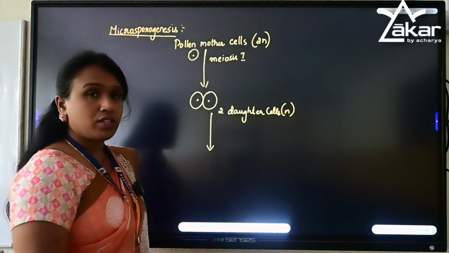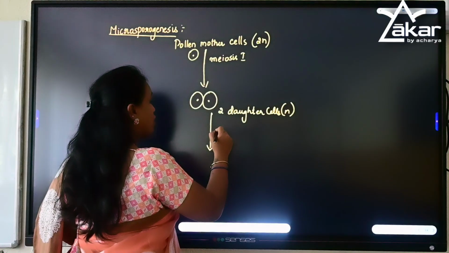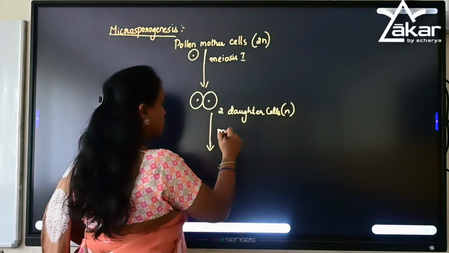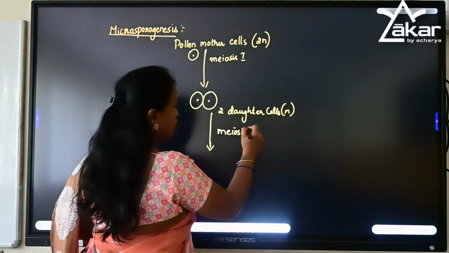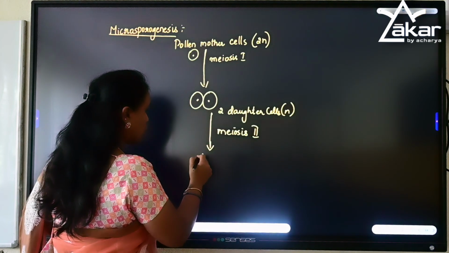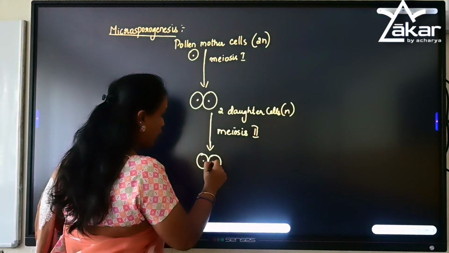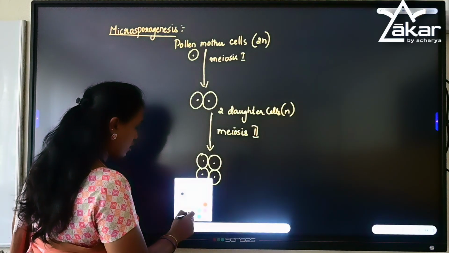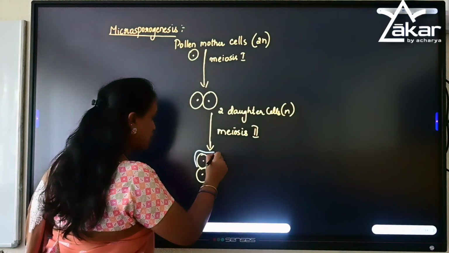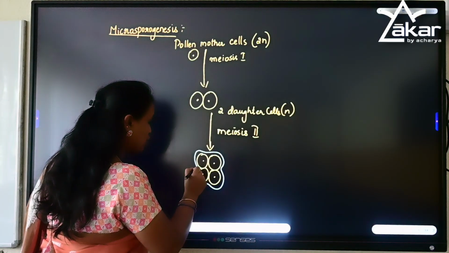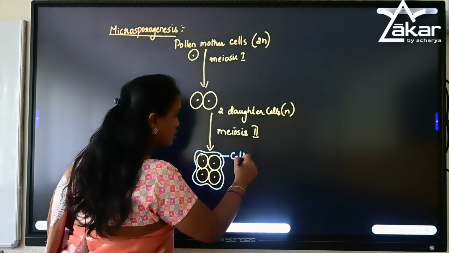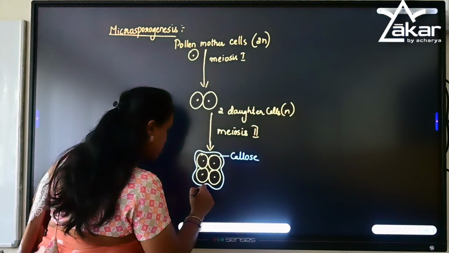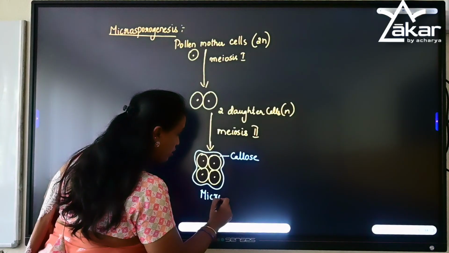Both the daughter cells compulsorily undergo meiosis 2 to produce a microspore tetrad, which is present intact in a tissue called callose. So this is the microspore tetrad.